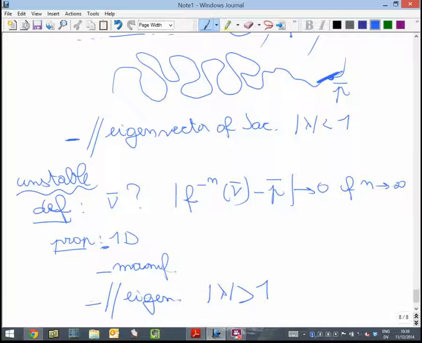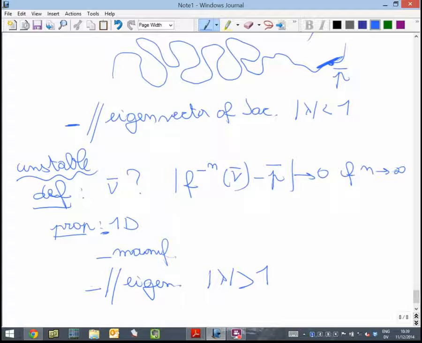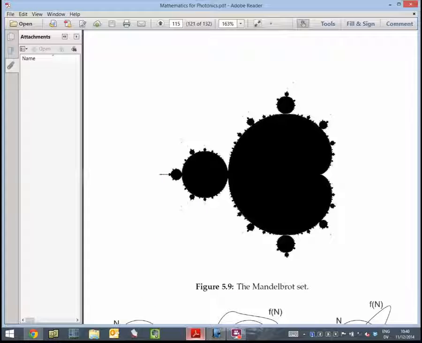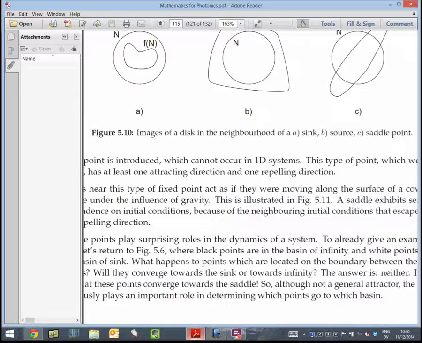Okay, so this is how they relate to each other. So for linear maps it was quite boring. We had the stable and the unstable horizontal and vertical axis that we had in the example. If you have nonlinear maps, stable and unstable manifolds can look a lot more elaborate and a lot more complex. Let's have a look at what they can look like.